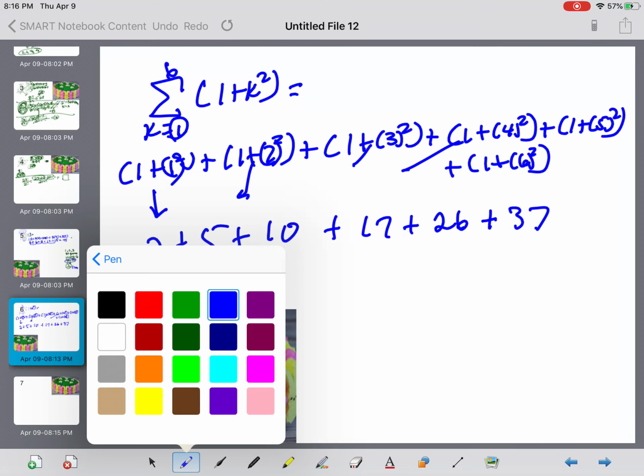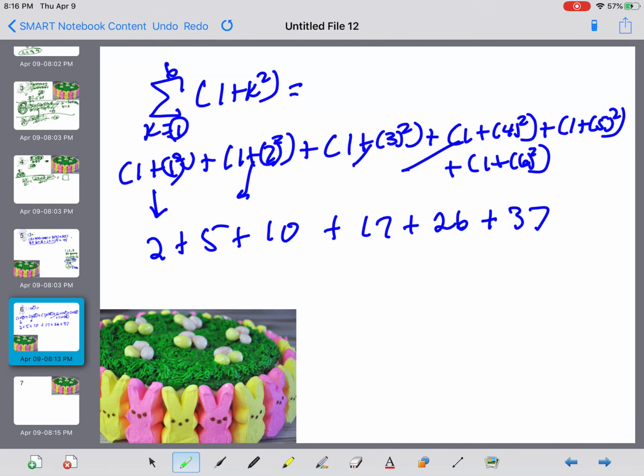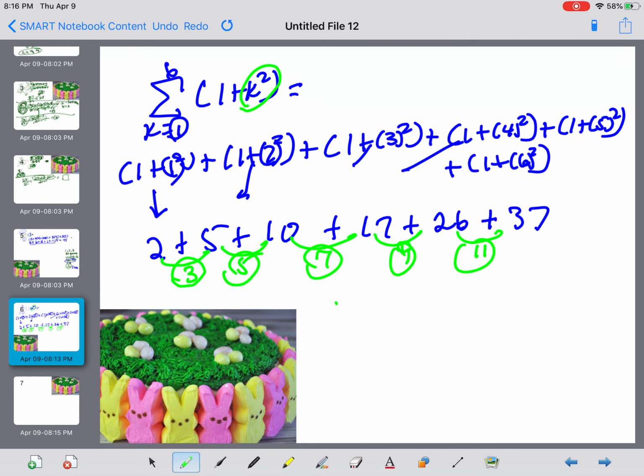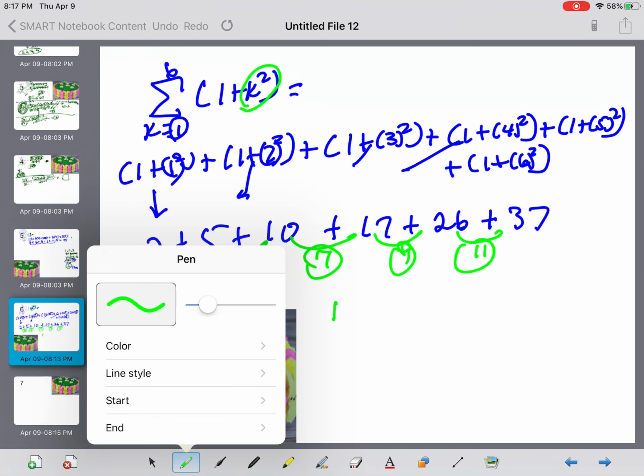All right, this is neither arithmetic or geometric. Let's see if we notice anything about this one. This is interesting. This is 3, 5, 7, 9, 11. So I'm not adding or multiplying by the same thing, but in the future, if you ever see this pattern, you'll know that it has some sort of squared in it, like k squared. So watch this.